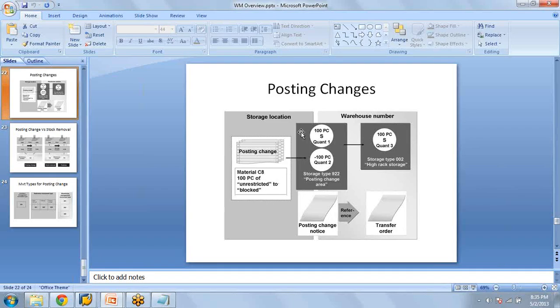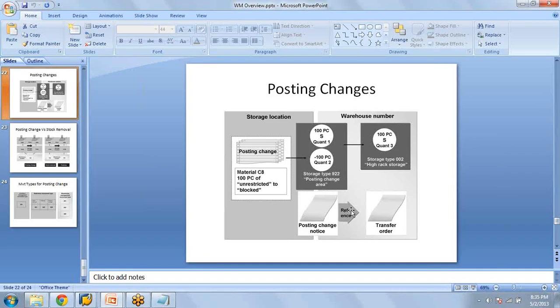At that time, the system will not create the TR, but it will create the posting change notice. The system is changing the stock category, 100 pieces in blocked stock changing into 100 pieces unrestricted.